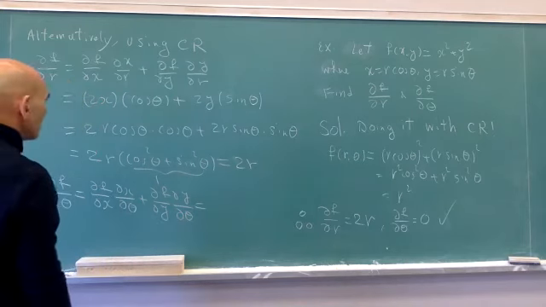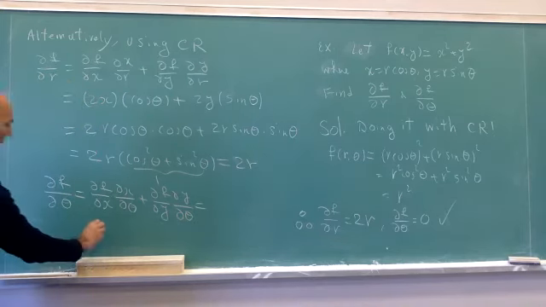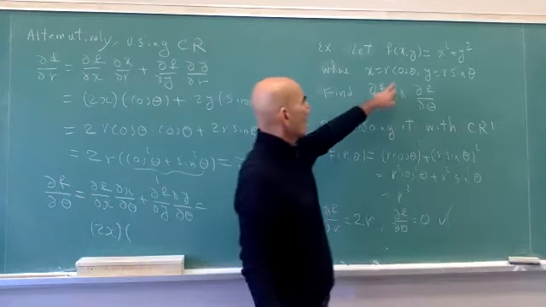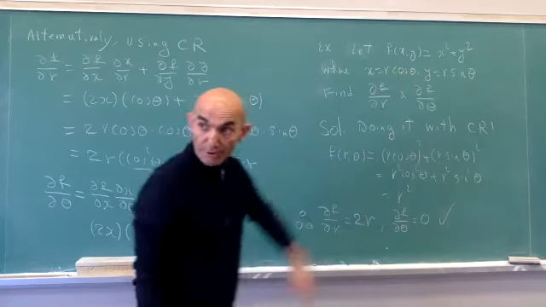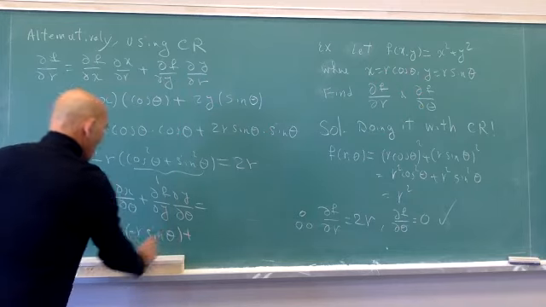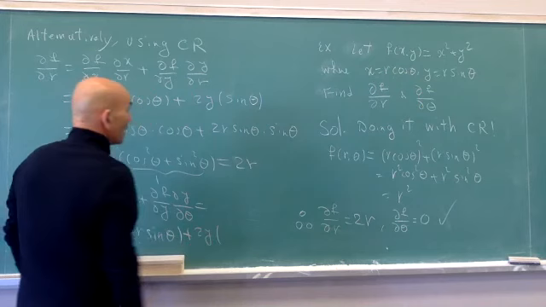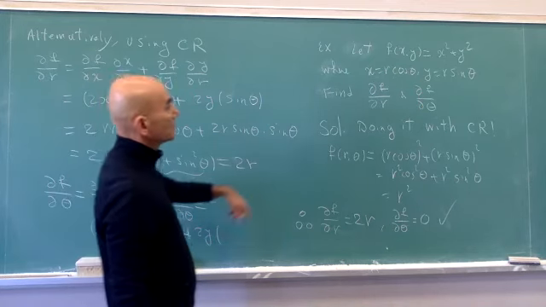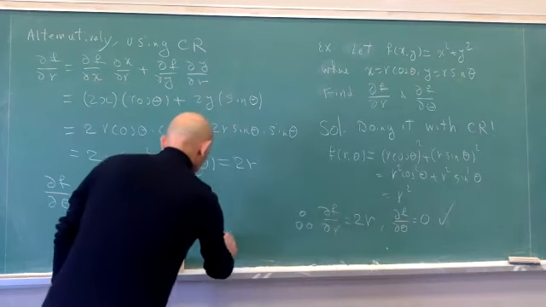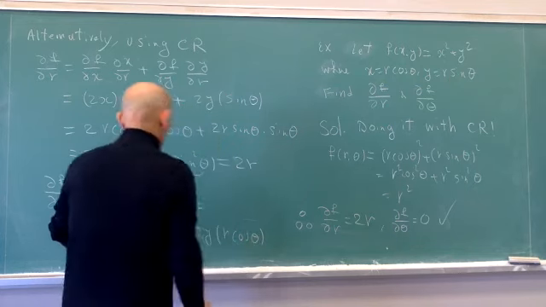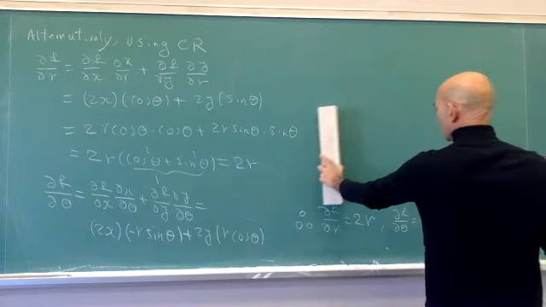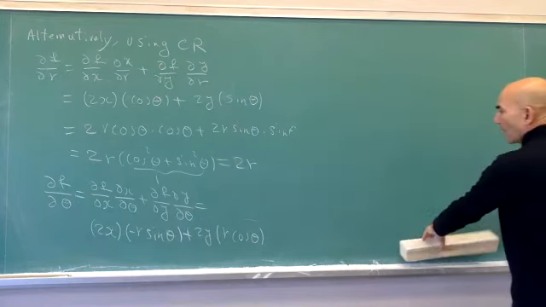So that's equal to, well, df dx is 2x, dx d theta is minus r sine of theta, plus 2y, dy d theta is r cosine of theta. Okay, so we have to compute just a bit more and then we are home.